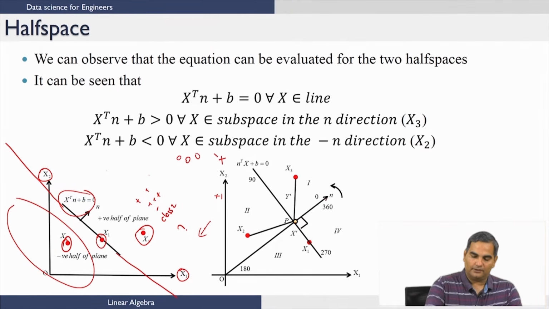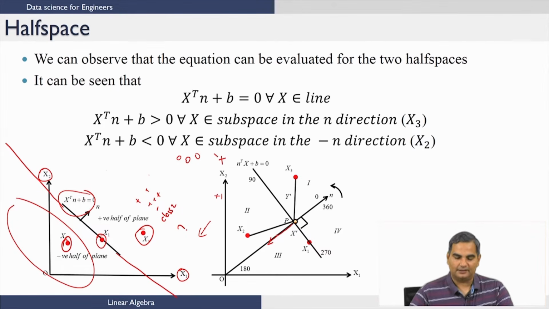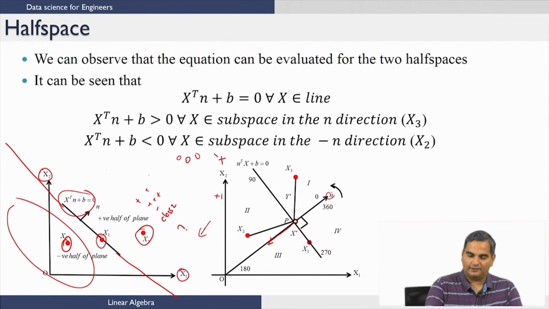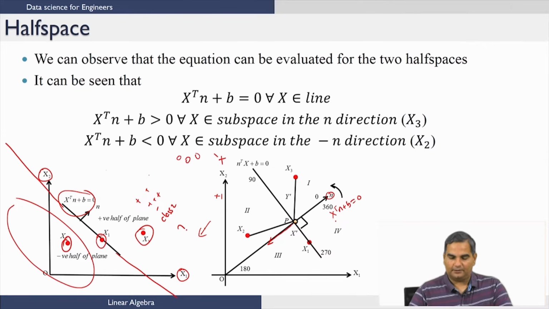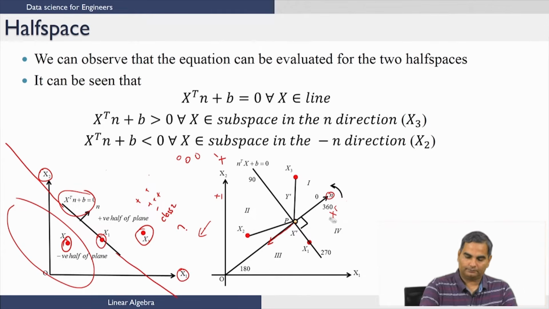One is the normal in this direction. The other is to take the opposite direction and define a normal in this fashion also. So, it is important to know on which side the normal is defined. For example, if this is a normal for the equation x transpose n plus b equals 0, and I simply multiply this equation by -1, then I am defining a normal to the other side. So, this is an important point to remember.